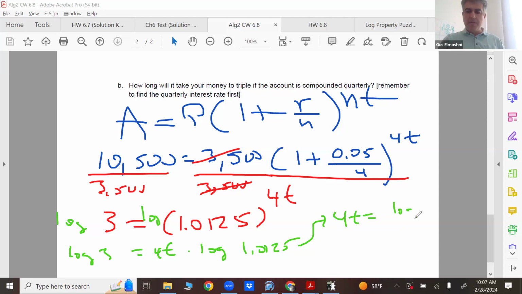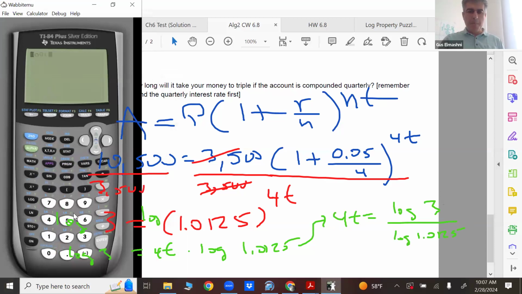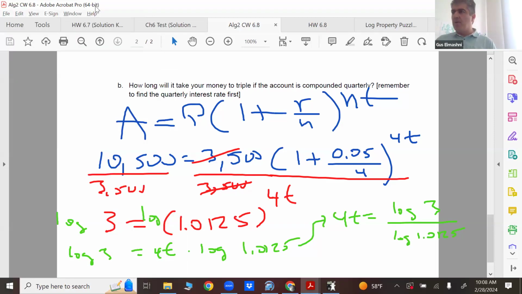It's log 3. Yeah, same thing. Either way works. It's whatever you're comfortable with. But that's using the power property right now. You know this. Now you could do that. You have more flexibility now with what you can do to solve these problems.